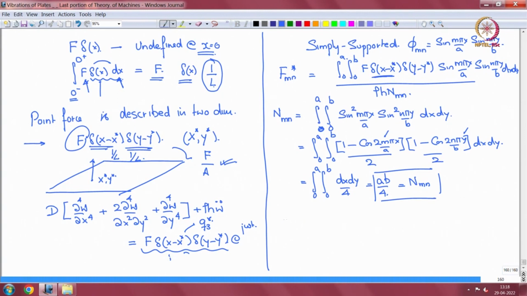So without elaborating, I will get Fmn star as f and the value of the function at x star, sine m pi x star by a sine n pi y star by b, and nmn is ab by 4. So 4 by A B rho H, that is my Fmn star.